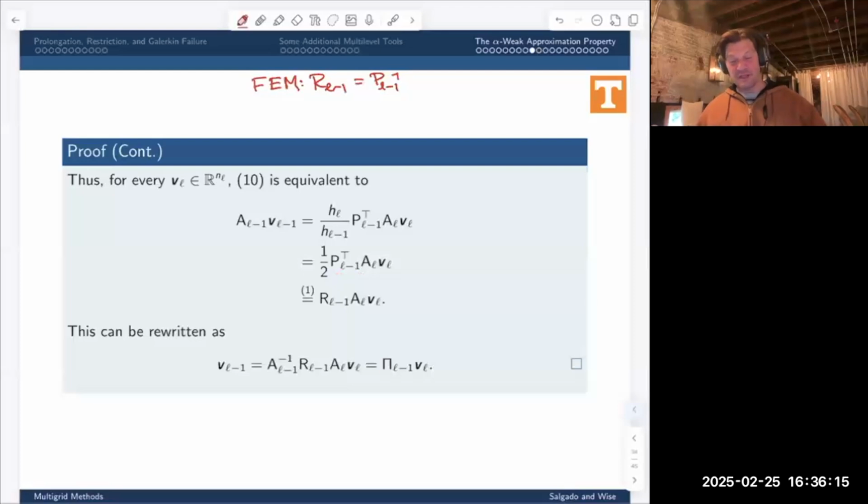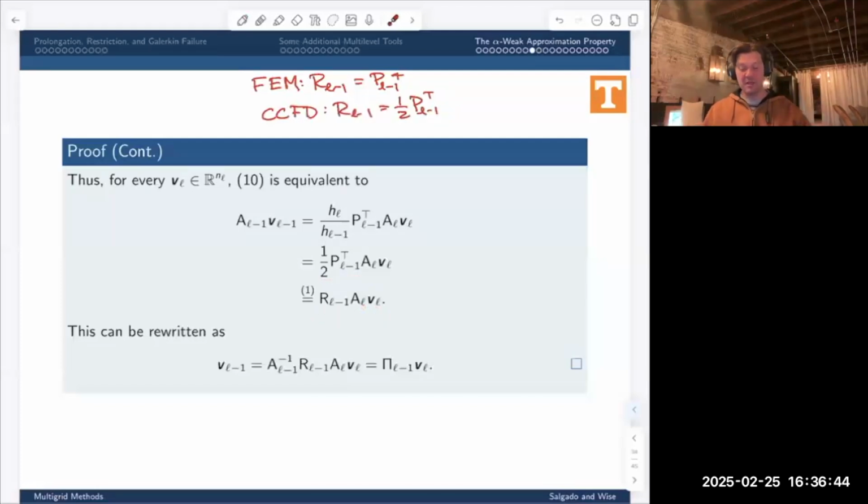Cell-centered finite difference, we said, no, we don't want this anymore. We're going to take that to be a half, for whatever reason. Well, the reason is because we can actually prove convergence for that. We can't prove convergence for that one. In any case, that's just the restriction matrix times A_L times V_L.